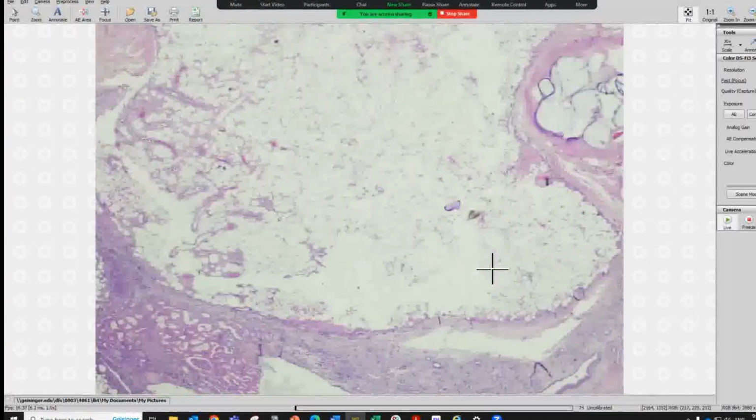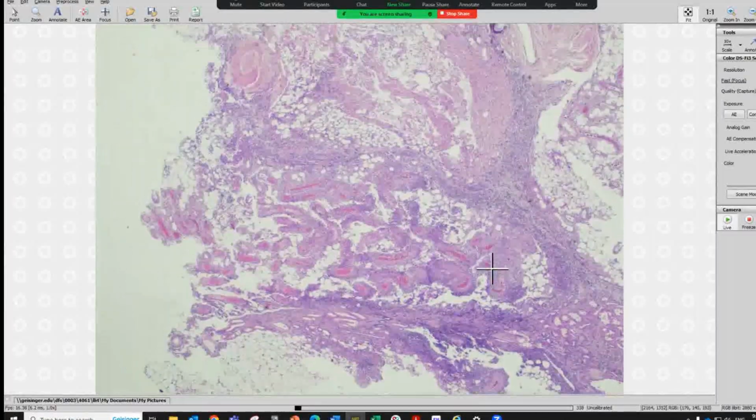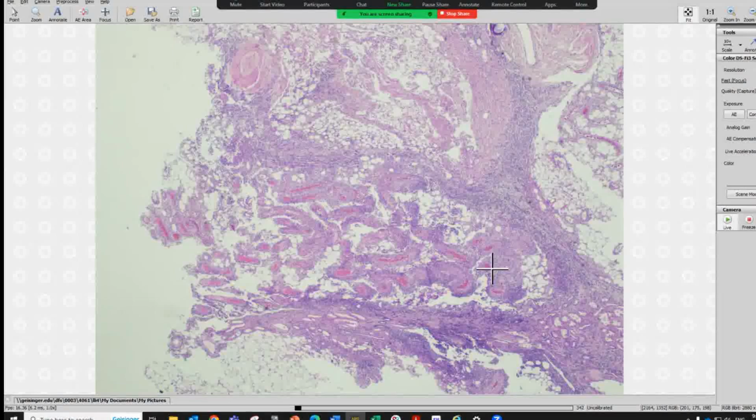So go back to the diagnosis of this case. This is a really good area. I think everyone can guess the diagnosis because there's a limited number of entities in today's lecture. So we have this muscle, fat, and then vessel wall.